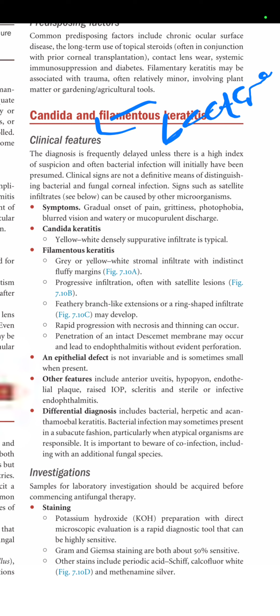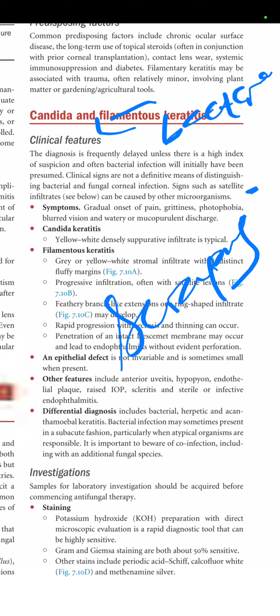So we have to keep in mind that clinical signs are not definitive for diagnosis. We have to do scrapings and go with culture and sensitivity. Signs such as satellite infiltrates can be caused by other microorganisms as well.